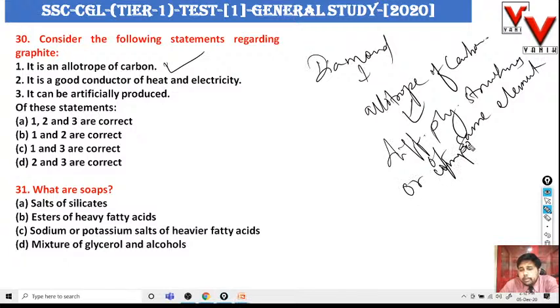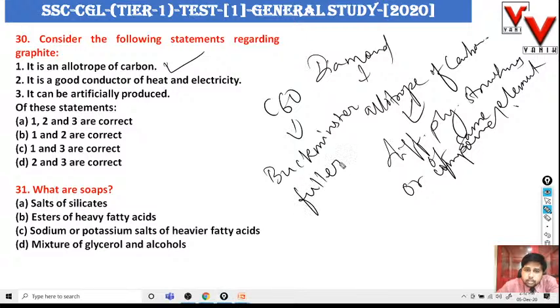Carbon is an element; graphite is one allotrope of carbon, and diamond is another. We also have C60, Buckminsterfullerene, where 60 carbon atoms join in the form of a football shape. So it is 100% true that graphite is an allotrope of carbon.